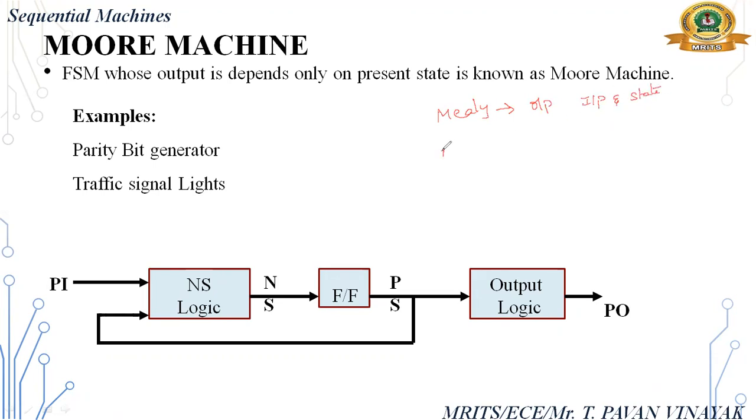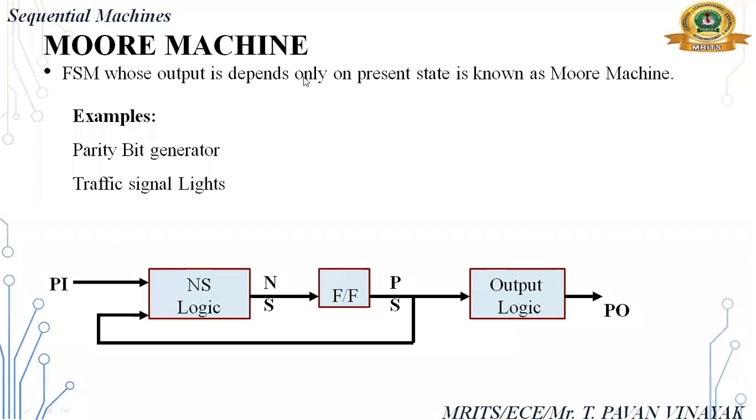Moore means output depends only on state, not on input. This is the Moore, this is the Mealy.